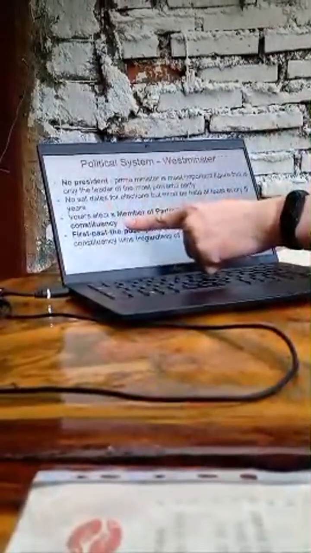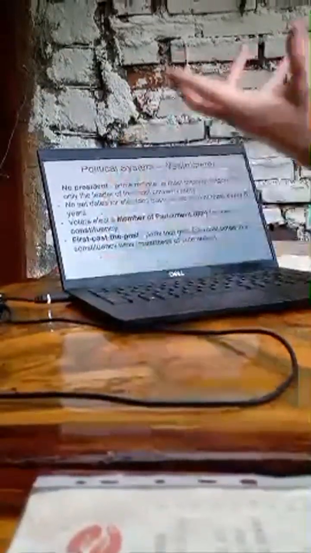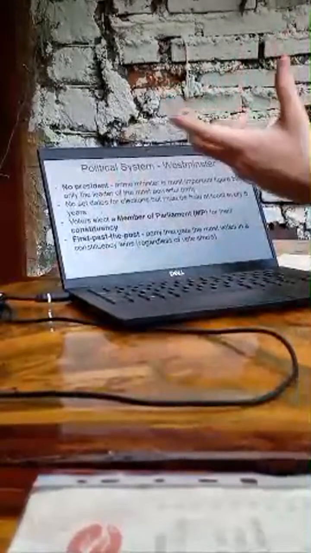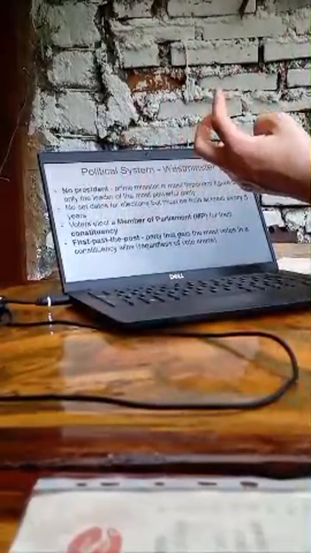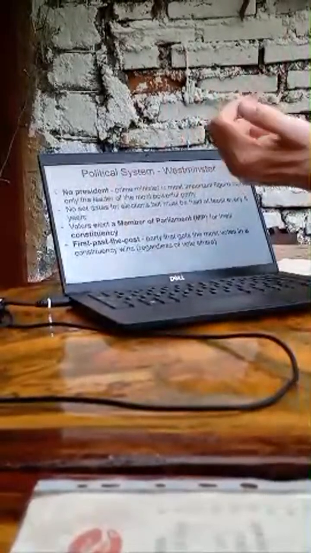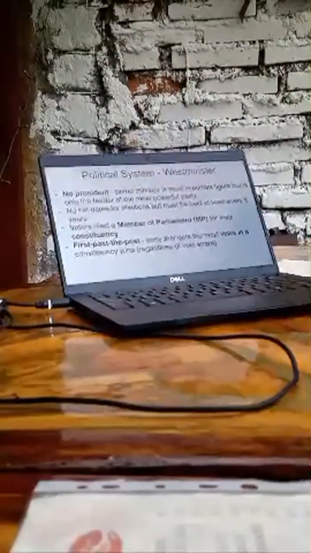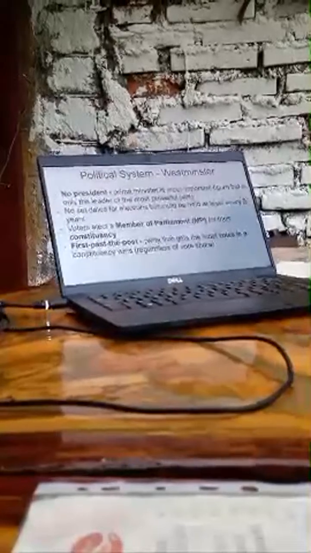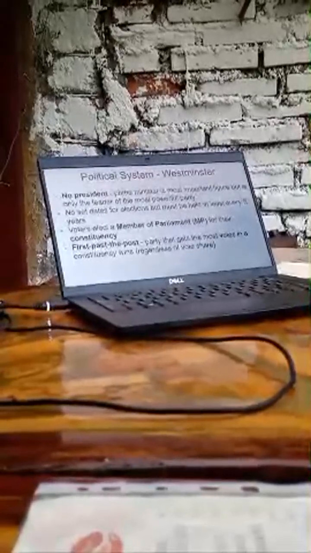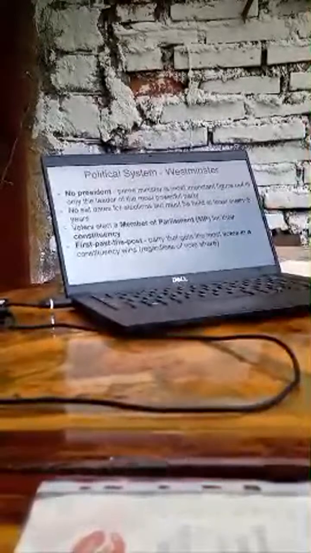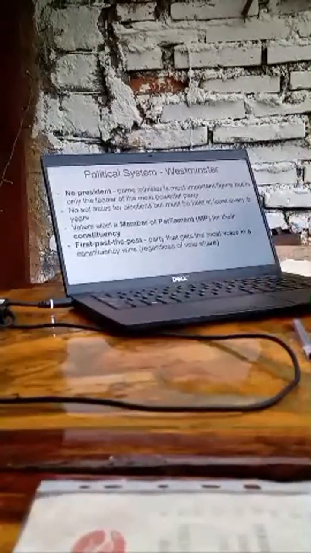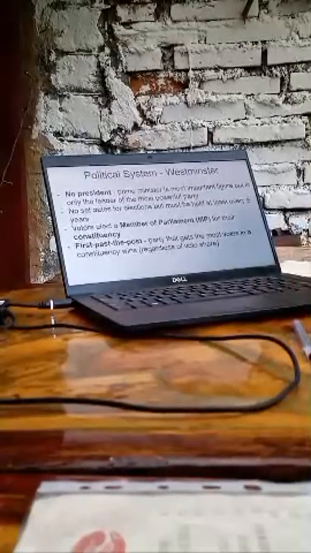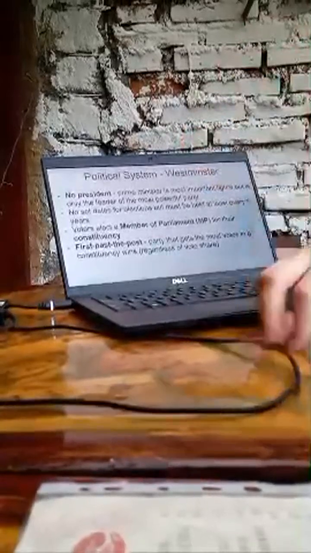A constituency is an area of land which votes for a member of parliament. In London, I live in the Hammersmith and Fulham constituency, I think. So people in that area vote for one member of parliament, who goes to parliament. Do you understand? A constituency is just an area of land divided up. There are like 650 constituencies, so there are 650 members of parliament.